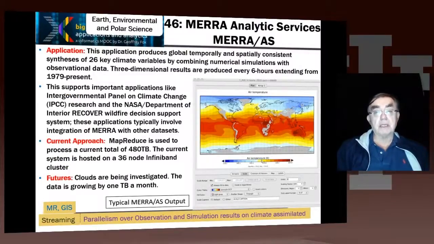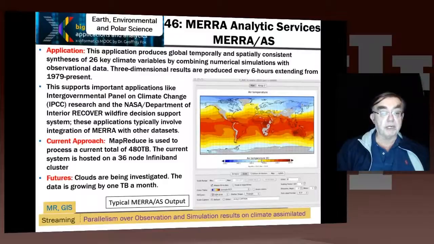So MERRA is a project in NASA which is basically linking together the large simulations with the data, and it's used for climate change. MapReduce is the technology which is used to do the integration. The simulations, of course, are done with totally different technologies. It's running on a 36-node InfiniBand cluster.